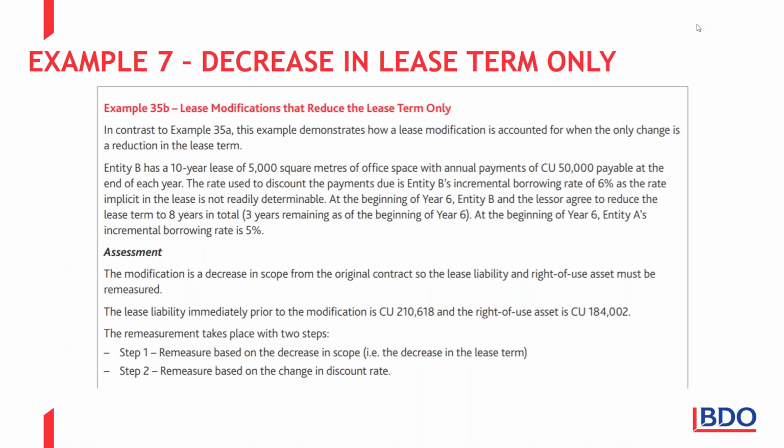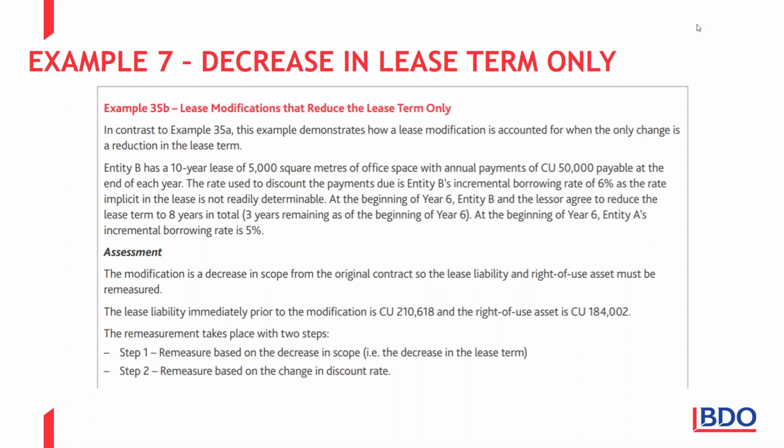Jumping through to the next slide, Kevin. I might add that I've had this as a real life situation. A lot of people have thought that a decrease in scope can only be where I'm using less assets or less asset space.